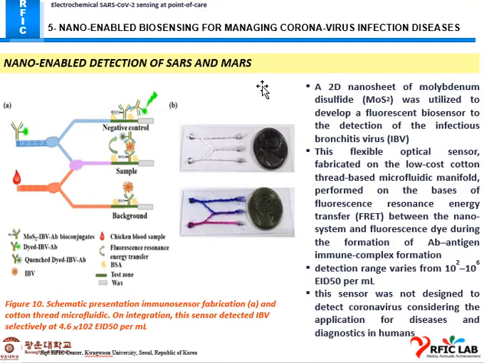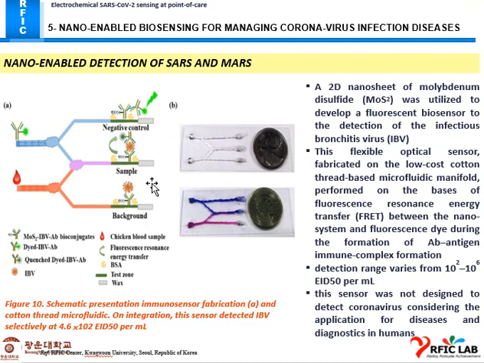Nano-enabled detection of SARS and MERS. This is some immunosensor fabrication based on cotton and microfluidics. This is a microfluidic channel where we have taken a negative control, a sample and its background.